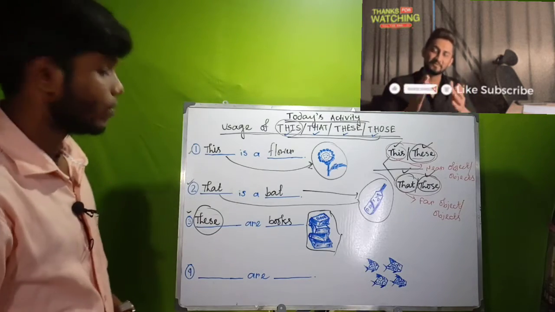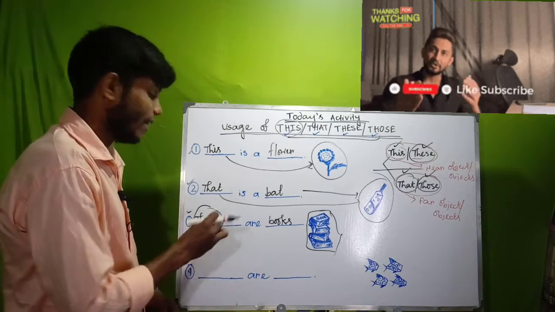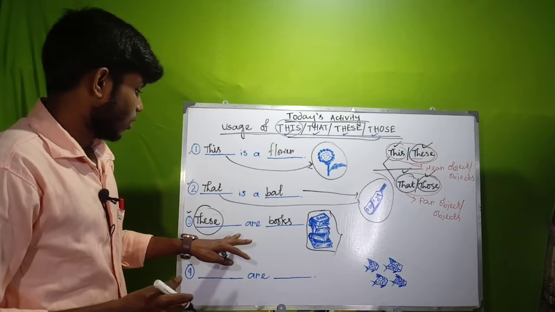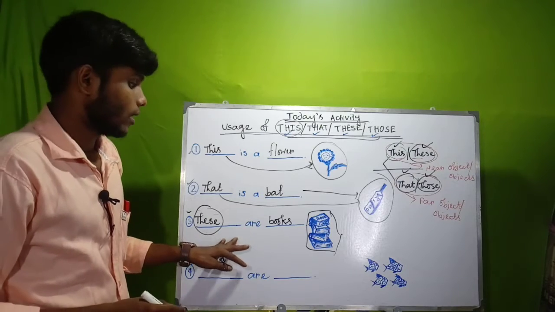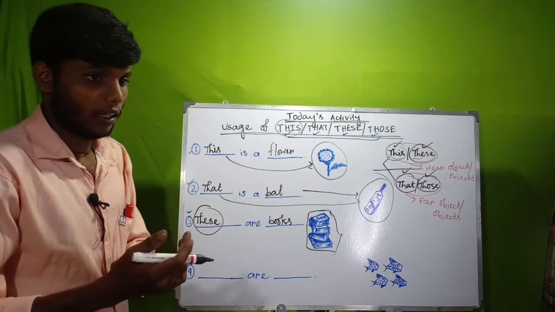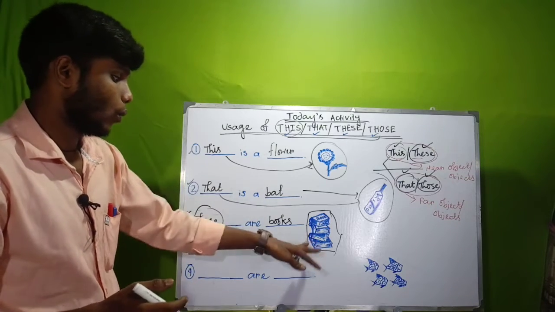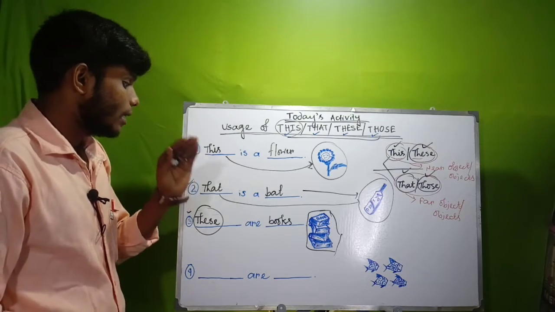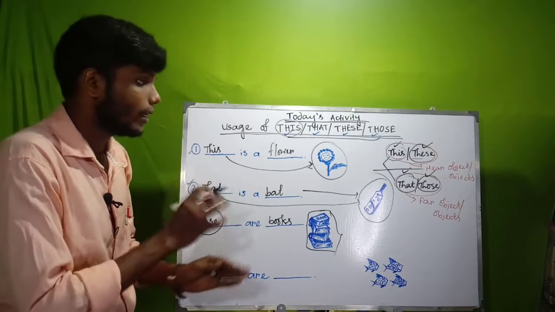Because whenever we place these as a subject, the nouns are more than one. Here many books are there, and the books belong to the near position.